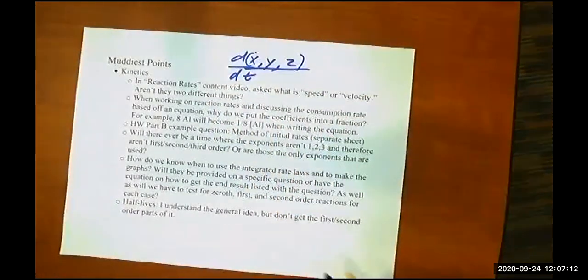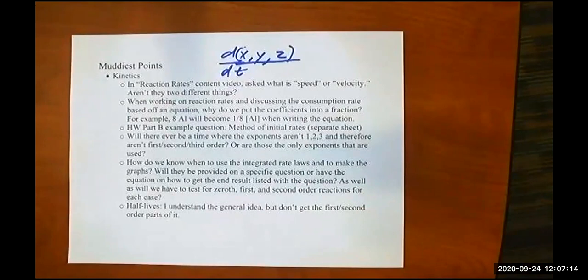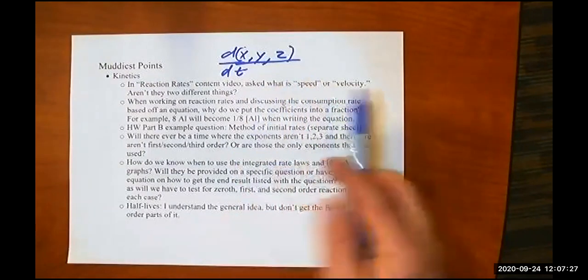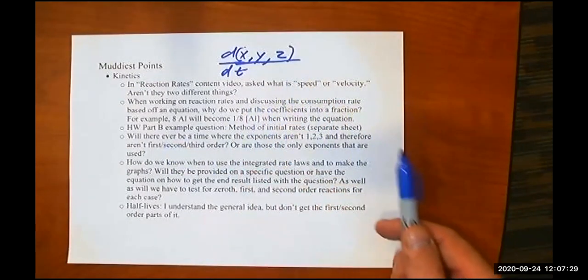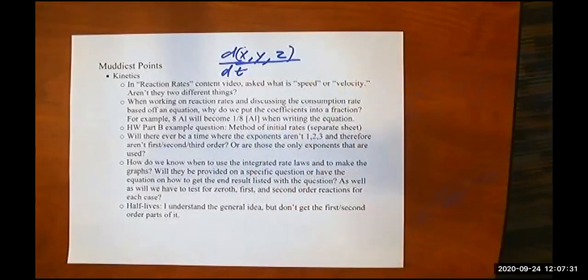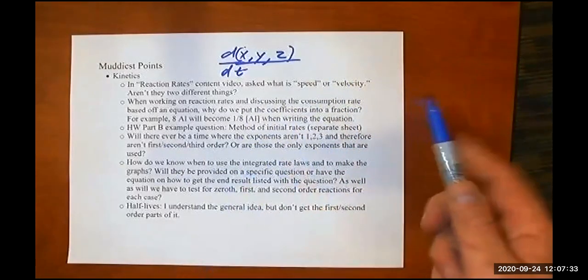And so the velocity is going to have two components to it, a magnitude and a direction. The speed is simply the magnitude of the velocity. So they contain the same information, it's just that the velocity has the extra information of the direction that it's going.